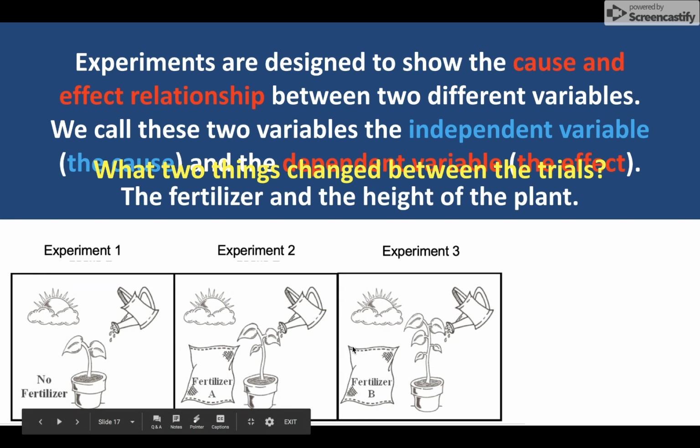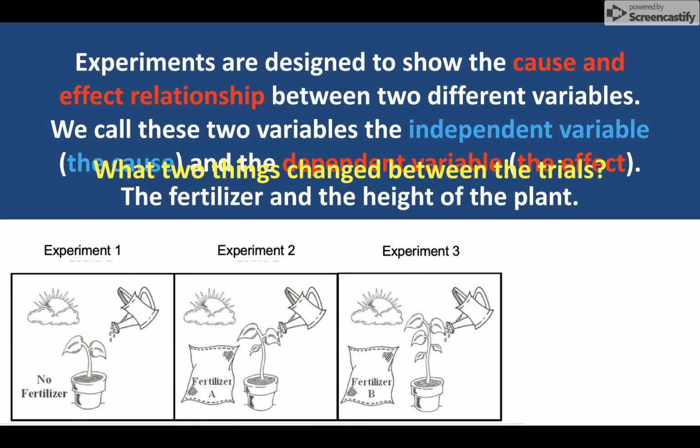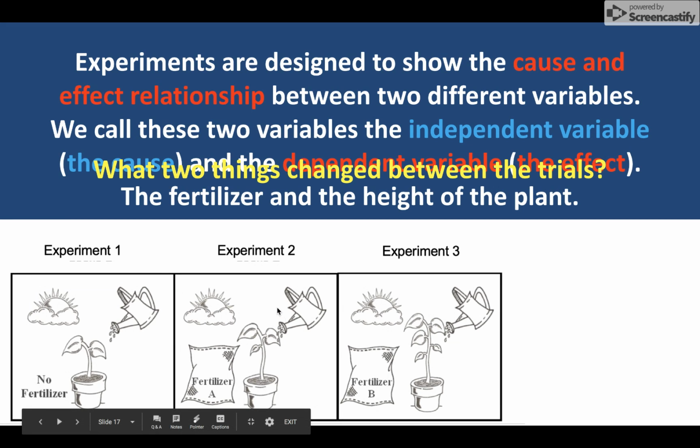The independent variables are the variables that we are changing, right? So the variables that change in the experiment are called the independent variables. Now, you can also call the independent variable the cause. And with every cause, you would have an effect, right? So in this case, if you look at the difference between experiment 2 and experiment 3, you can notice that there is a difference in the height of the plant.